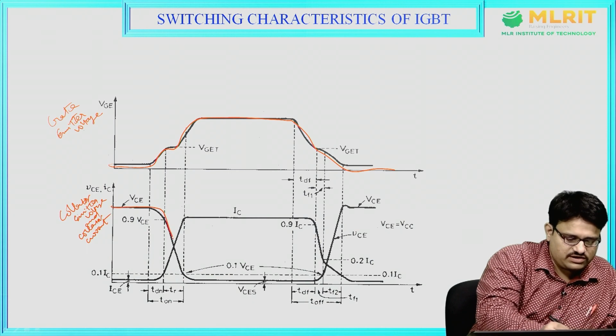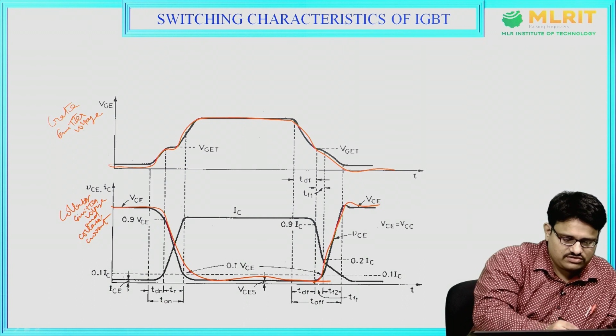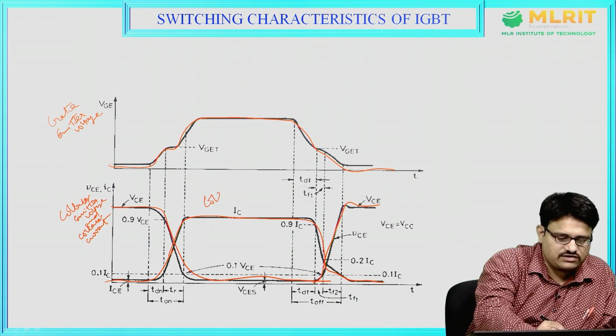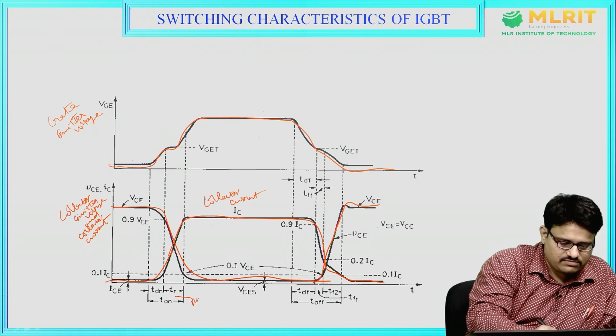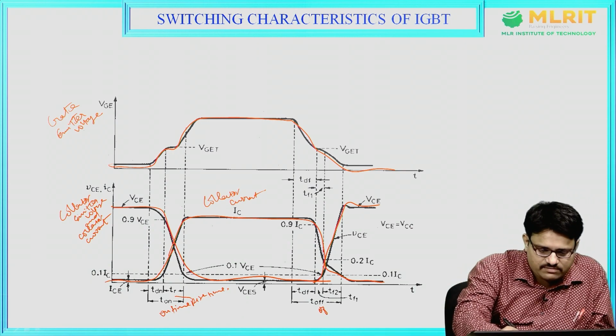It comes like this, and one graph goes like this. This is the collector current. And this is the rise time, and this is the on time, and this is the off time.